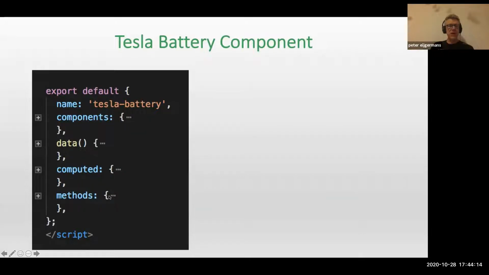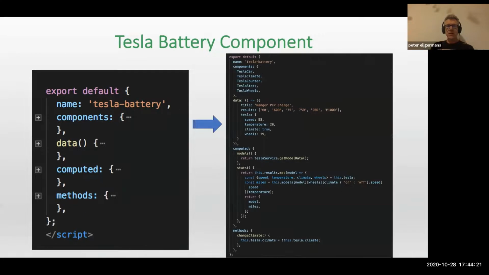The methods contain normal callback methods. You see the same structure, but then the full structure of the Tesla battery, with in the components section all the child components.